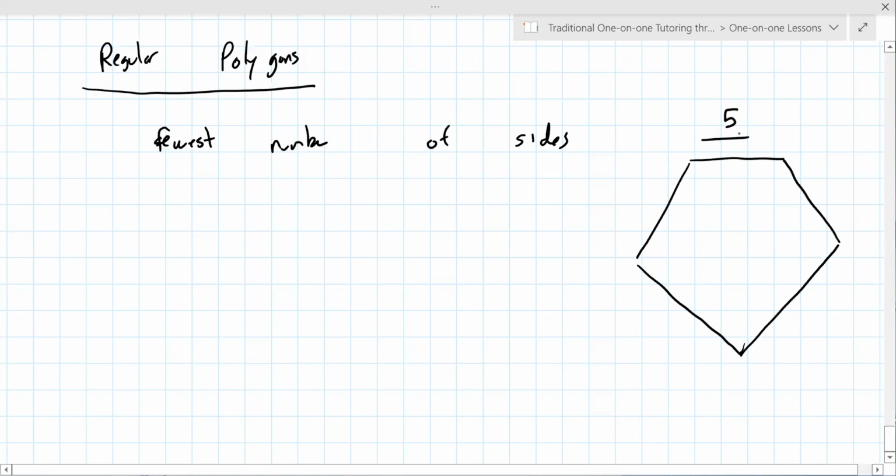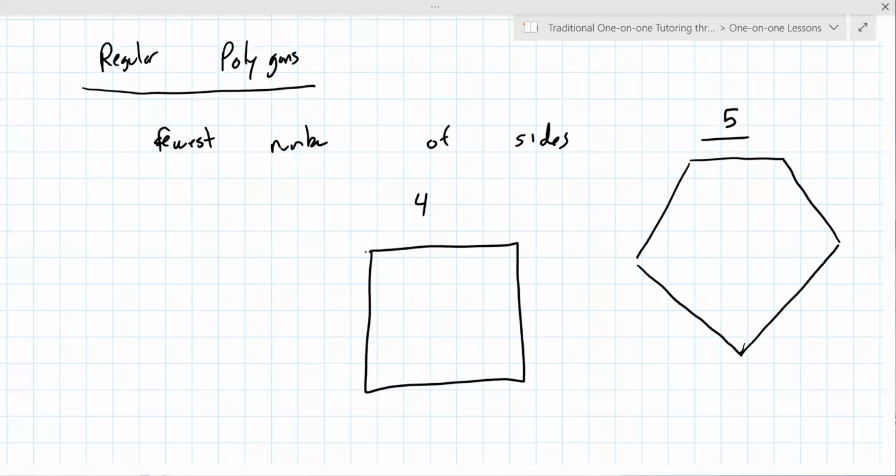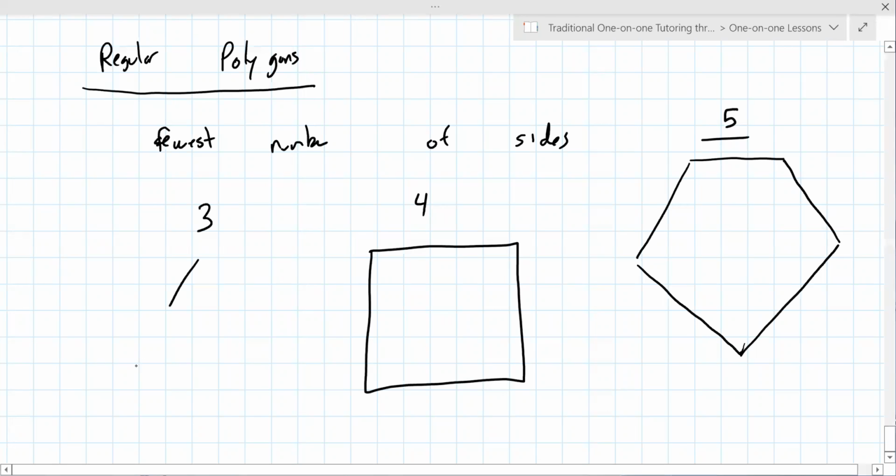There is smaller. 4. 4, that's a square, but there's smaller. 2. So you're going to have to tell me what is the name of a two-sided polygon? Because I know a three-sided polygon is a triangle. There's no two-sided. Yeah, you could make a fortune if you came up with that one.